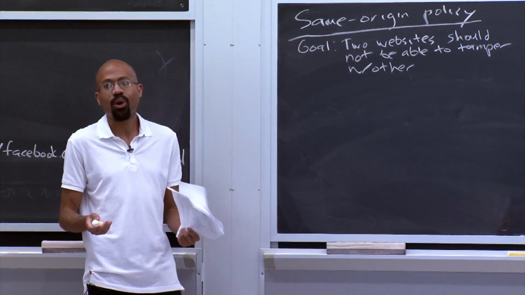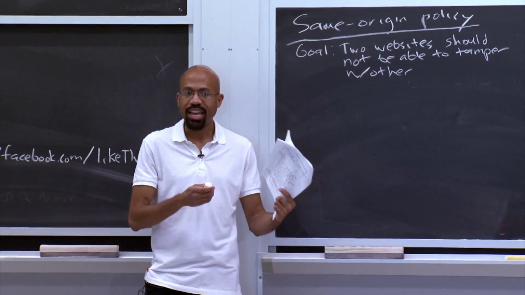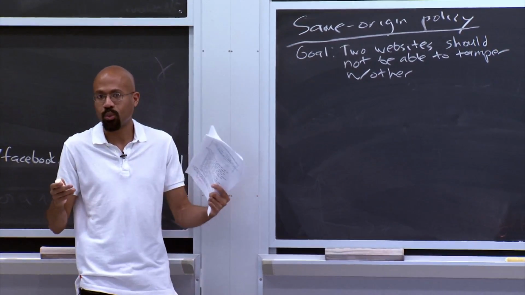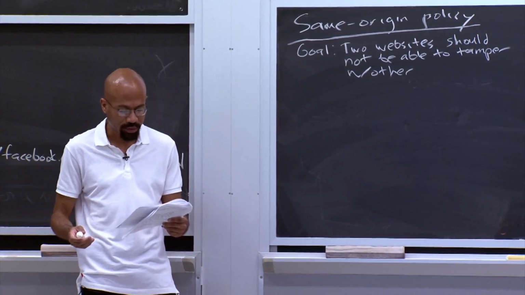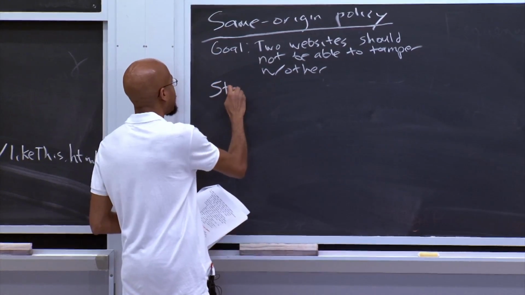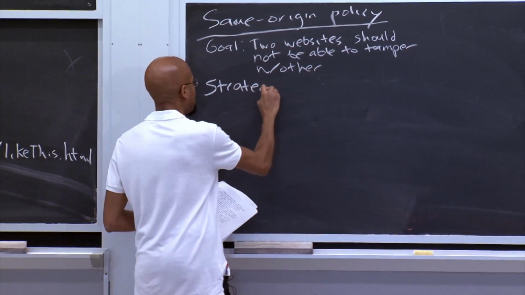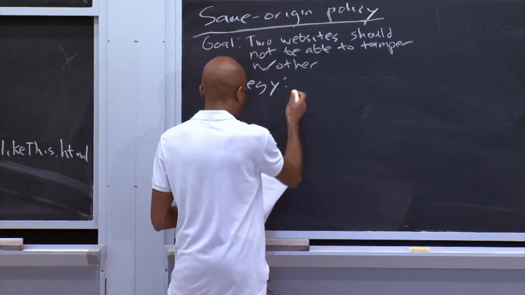Then there are other things that are kind of hard to say. For example, if JavaScript code comes from origin X and it's inside of a page that's from origin Y, how exactly should that code and that content compose? The strategy that the same origin policy uses can be roughly described as follows.